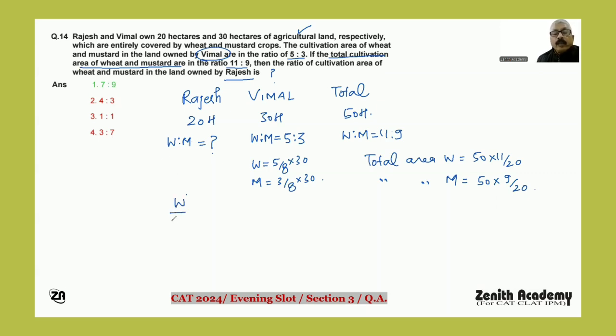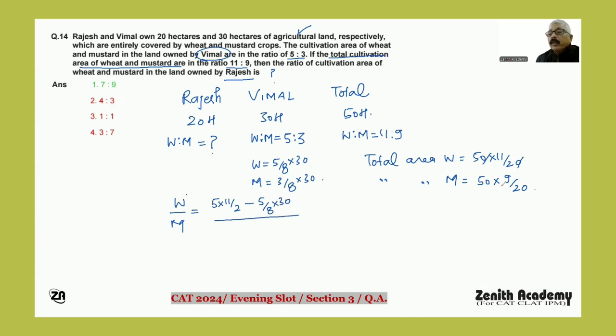So with Rajesh, wheat and mustard का अगर एरिया आपको निकालना है तो 50 means it is 5 into 11 by 2 minus 5 by 8 into 30.